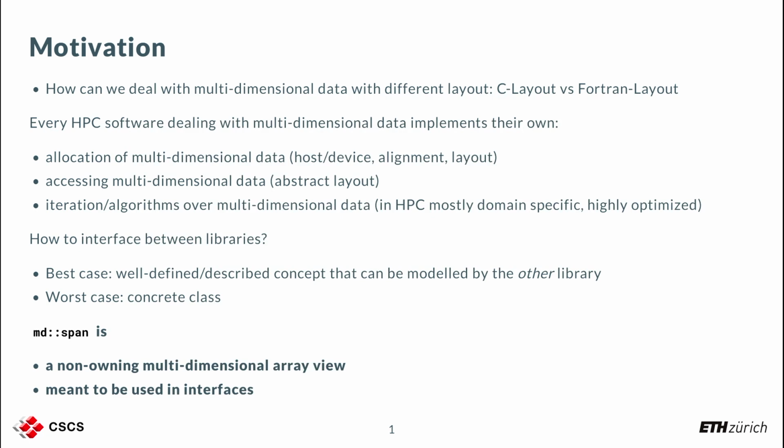You're re-implementing your allocation of multi-dimensional data because you want it to be allocated for CPU, for GPU. You want to make sure that alignment is good in all cases, and you want to make sure you have the right layout for the hardware. Then you want to access this data, and so you're abstracting the layout to be able to use it in the same way, so that the first index means the same in whatever layout you have underneath.